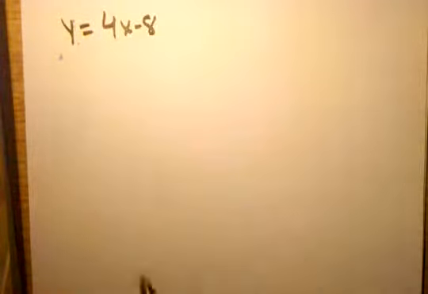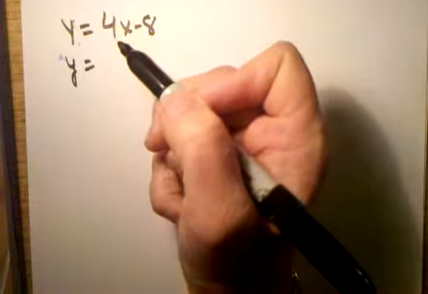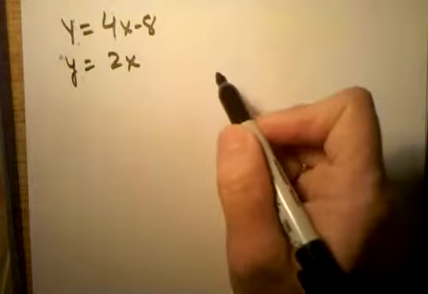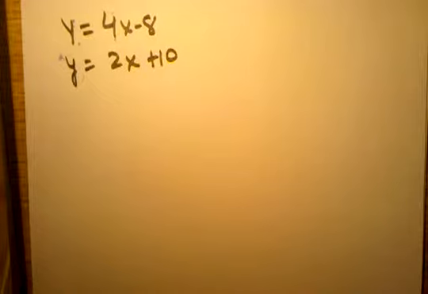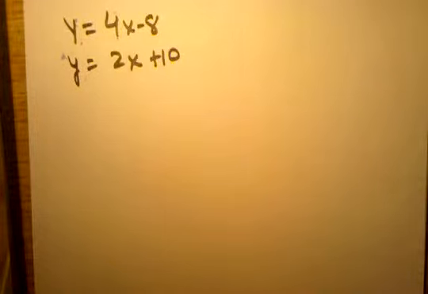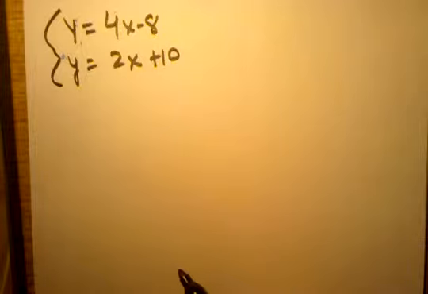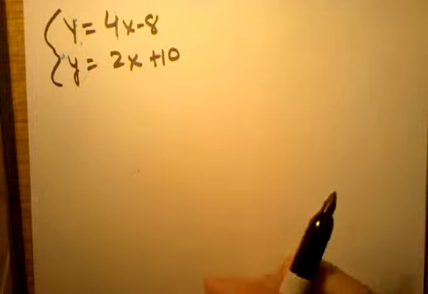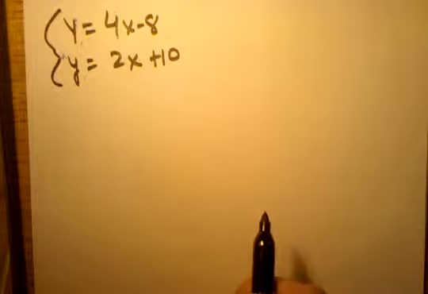Slightly harder. Let's do y equals 4x minus 8. This is another set of two linear equations. y equals 2x plus 10. And again, because this is called the method of substitution, I need to think, do I have information here in this system that's going to allow me to substitute some expression in for one of the variables?